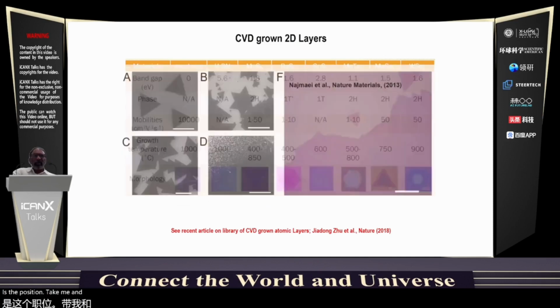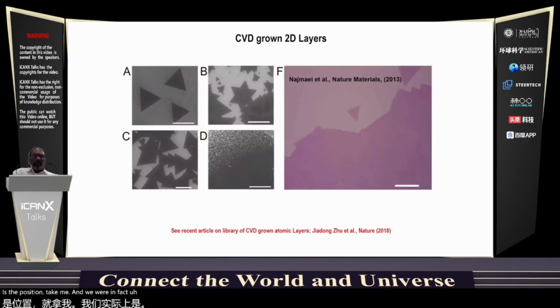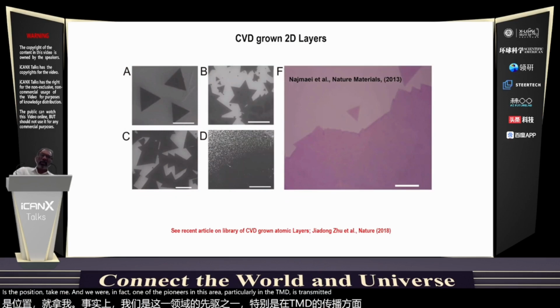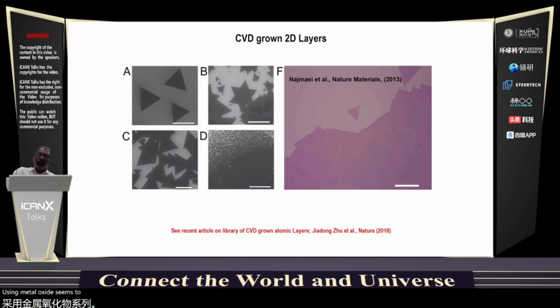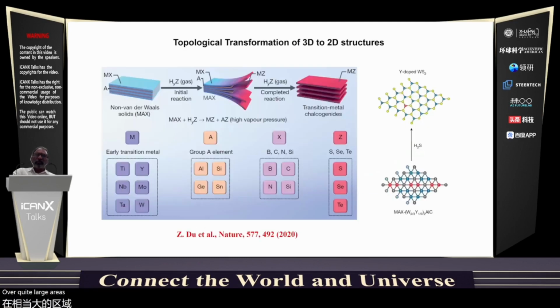And we were, in fact, one of the pioneers in this area, particularly in the TMDs, the transition metal chalcogenides. Using metal oxide seeds, we were able to show that you can reduce these by chalcogens into TMDs over quite large areas.